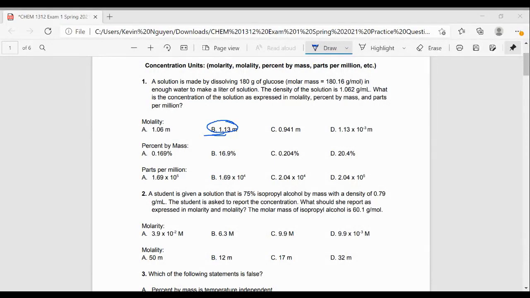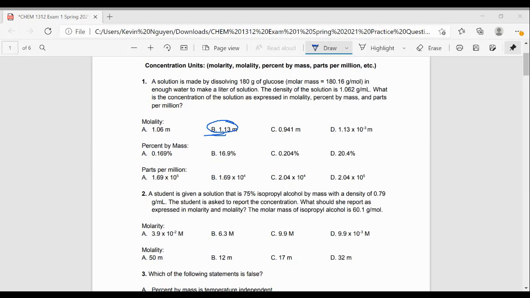Since we aren't given a concrete amount of mass or molality or anything, we can safely assume we just have 100 of everything. They say that we have 75% by mass, so let's say we have 75 grams of the isopropyl alcohol over 100 grams total.